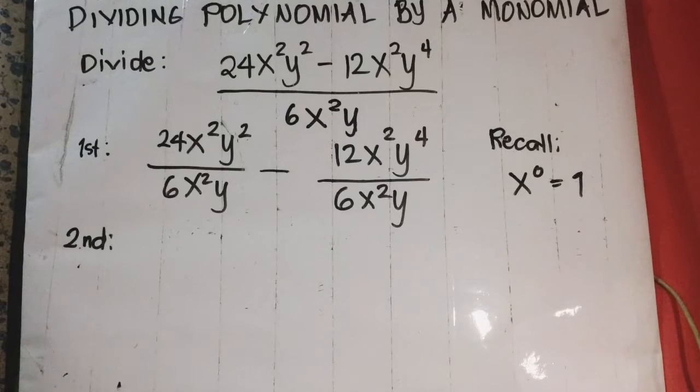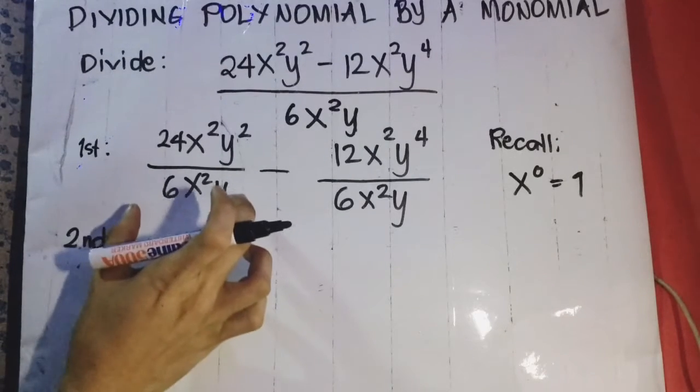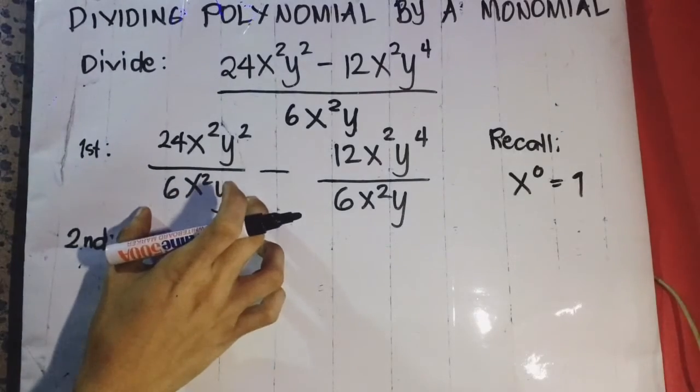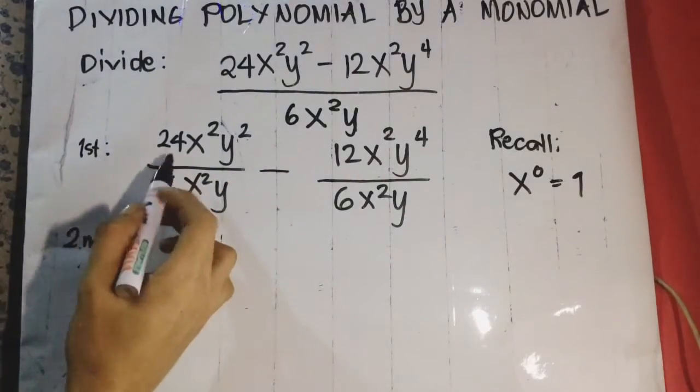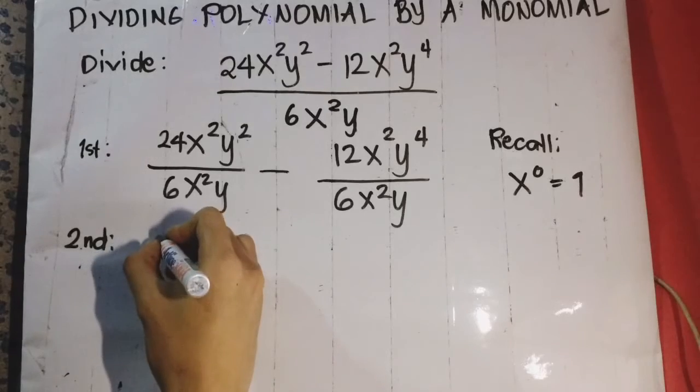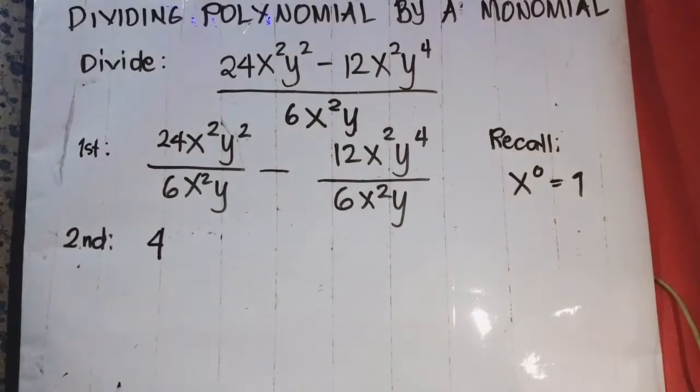We have to use the quotient rule of exponents to simplify the variables. So we start simplifying the coefficients. We have 24 divided by 6. Can we divide it completely? Yes, we can. And the quotient is 4.